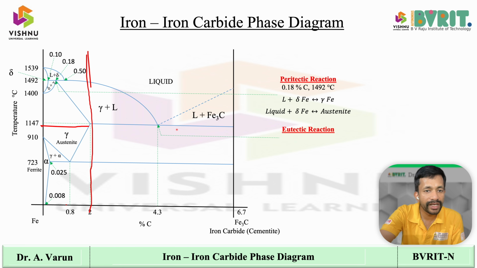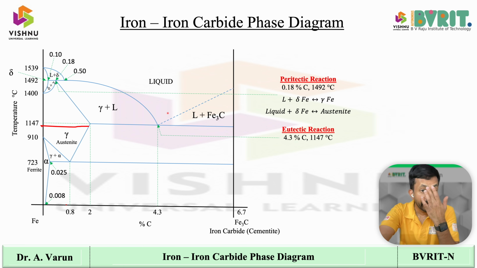Okay. And there is another horizontal line here, right? And here we have seen the eutectic reaction. So you have liquid here, and you have the ends of the line. This end it is gamma, this end it is Fe₃C, right?